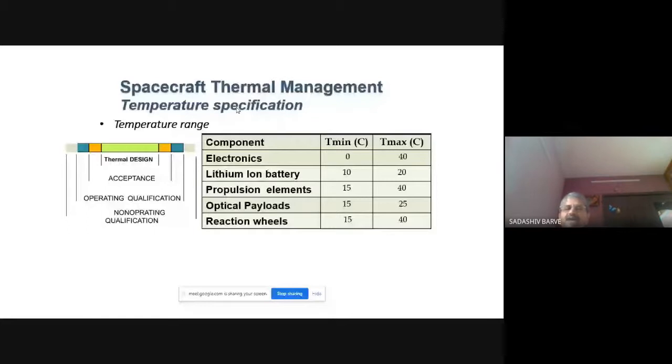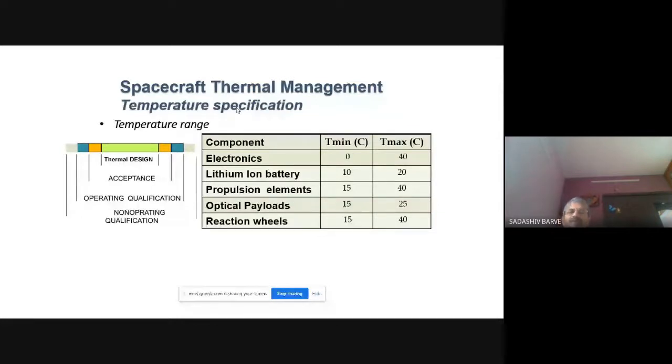As you go lower and lower, there is no problem, they still work. But if it comes below minus 10, minus 20, minus 30, there is every chance that some of the pins or related components can crack, and joints can crack. While if the temperature goes beyond a certain limit, for a lithium battery, its efficiency comes down.